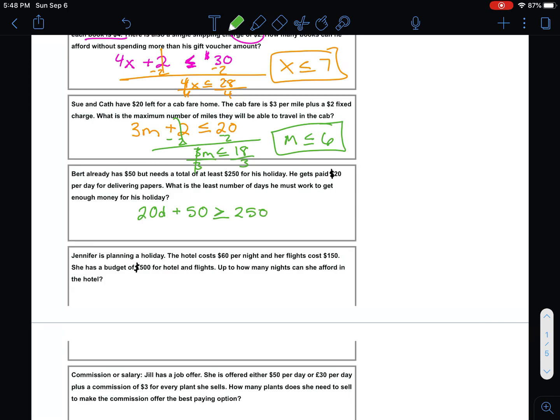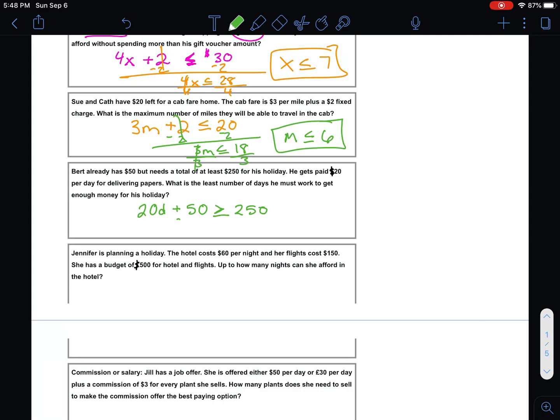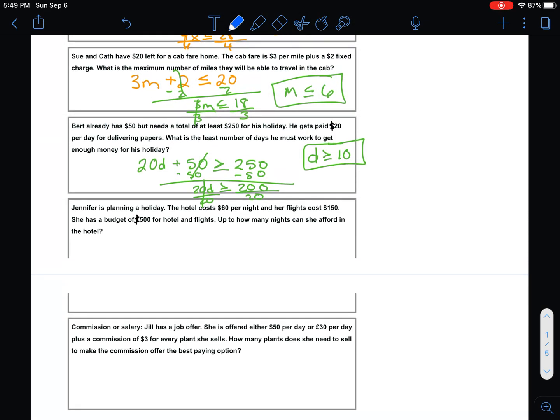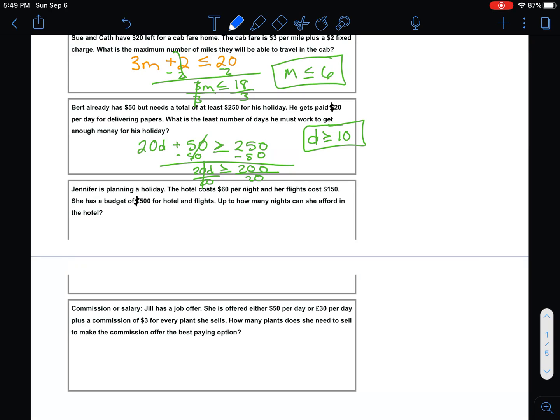So that's why we're going to use the greater than or equal to, because it says at least. Then we'll subtract 50, and we will divide by 20, and when we get that, we end up with he would have to work at least 10 days doing his newspaper route, possibly more, depending on if he spends more or gets more money between then and the 10 days.